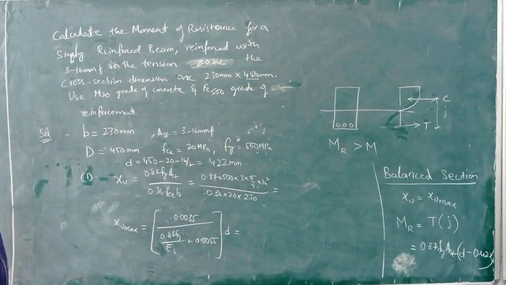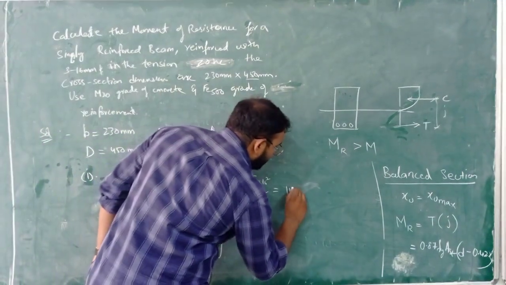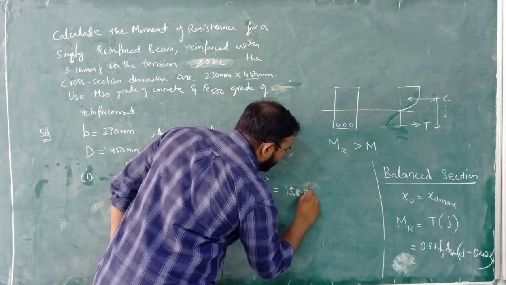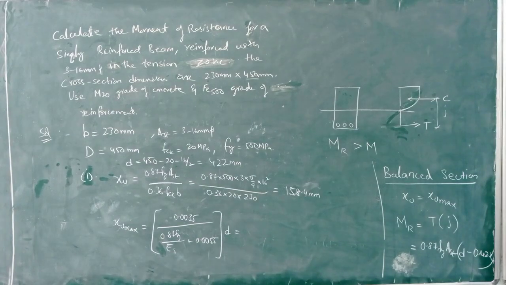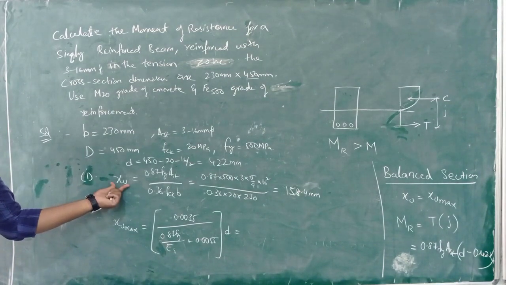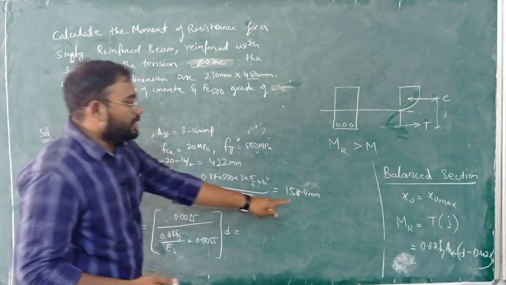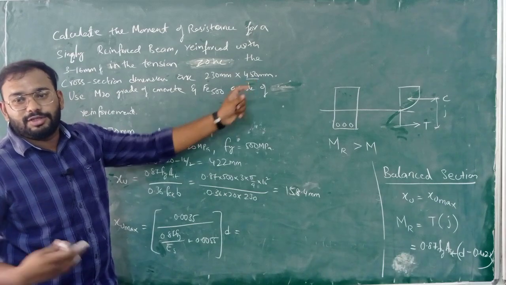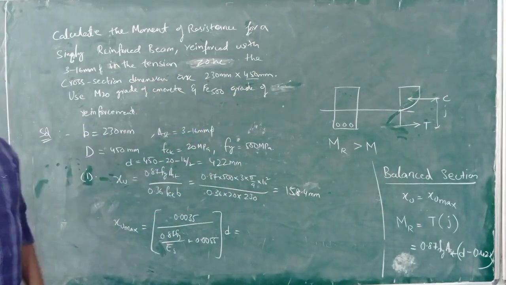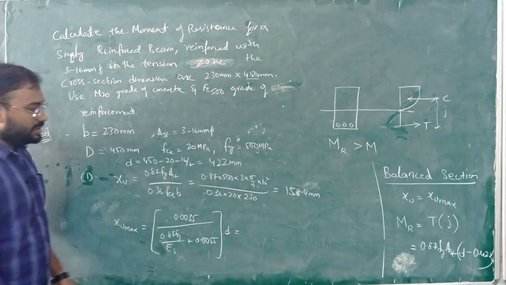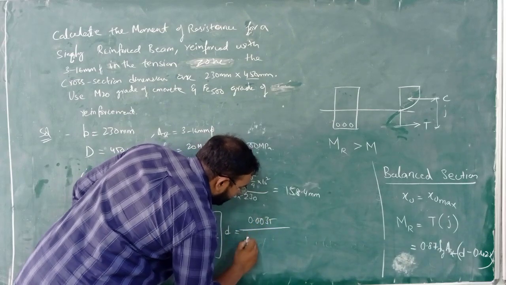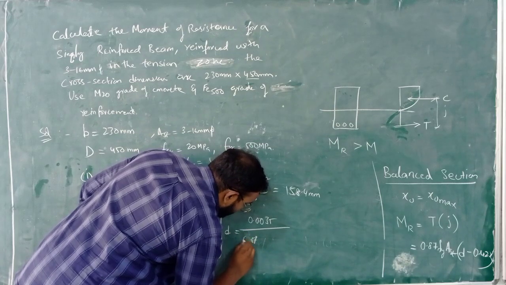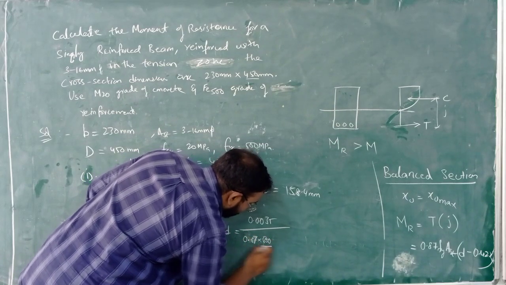So tell me, what is xu now? Using this formula, it is 158.4 mm.